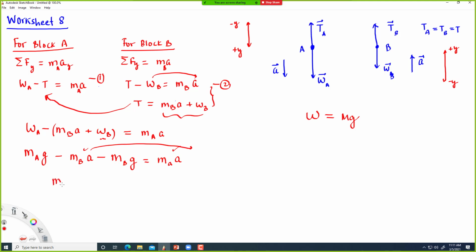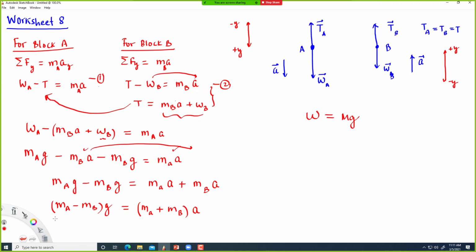So we have MAG minus MBG, MAA. When you take this to the right, negative becomes positive, MBA. What is common in these two terms is G, so you can put G outside the parentheses. And here, what is common between the two terms is A, so put A outside the parentheses.